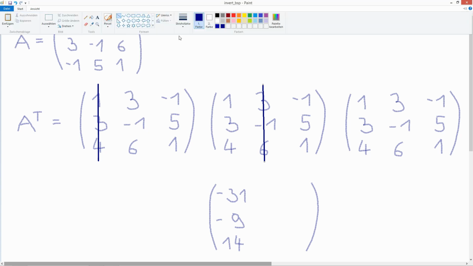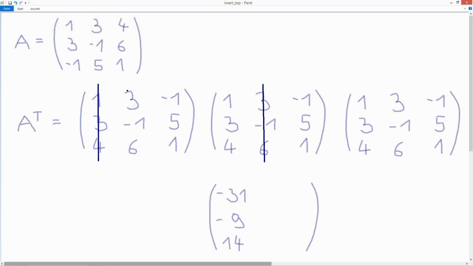So for the first entry of the cross product, we have to ignore this here and calculate 3 times 1 minus 4 times 5 is minus 17.